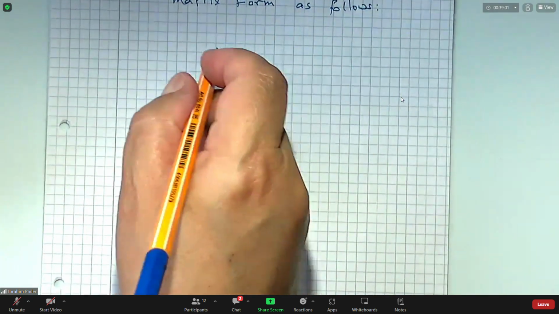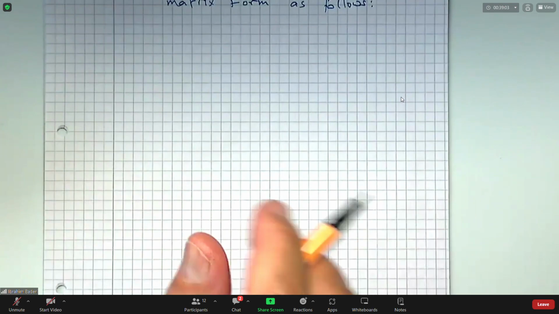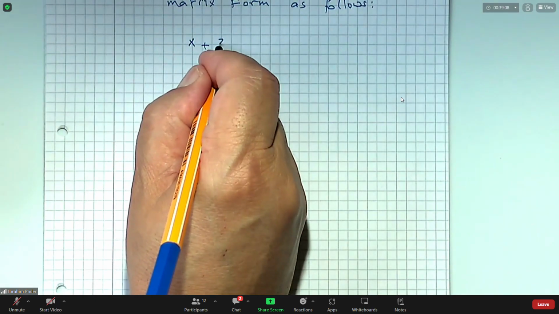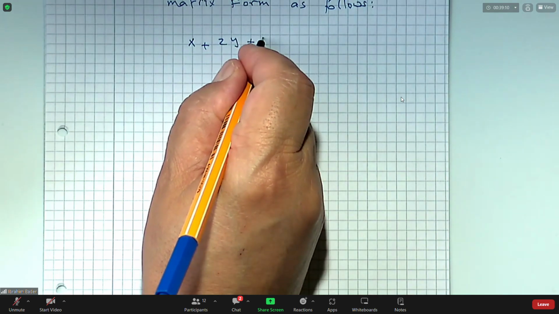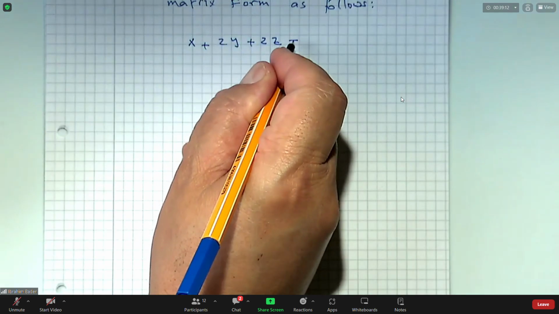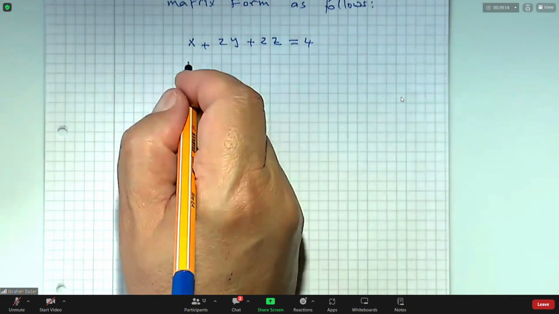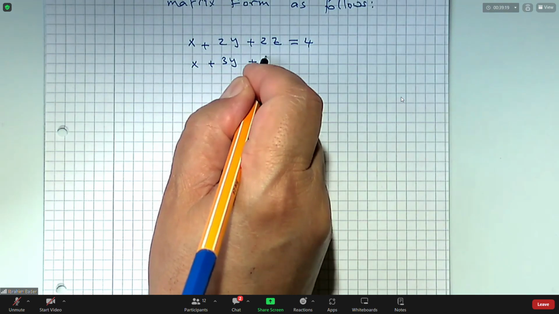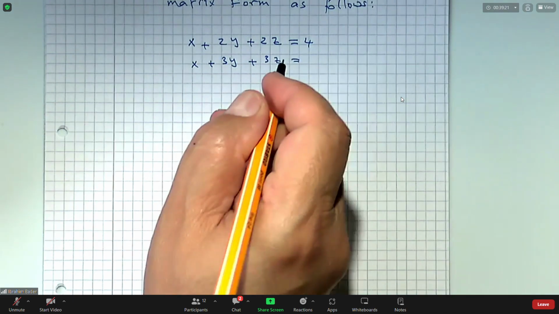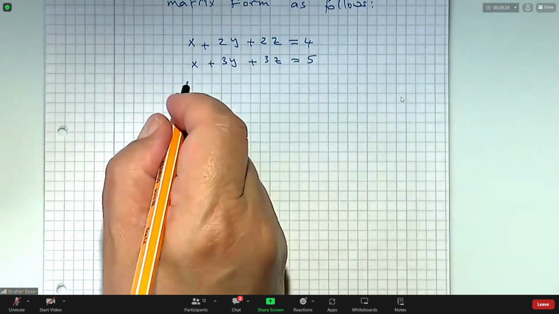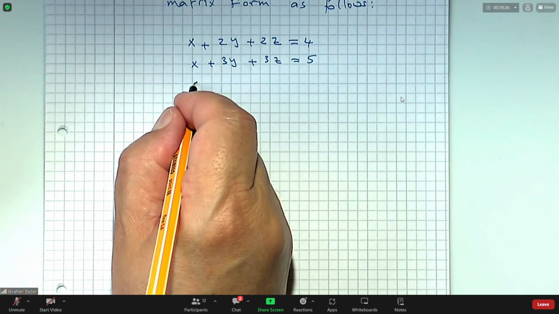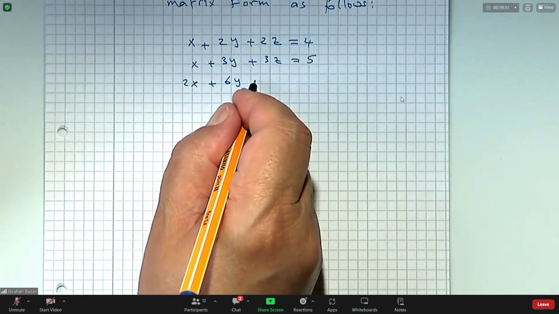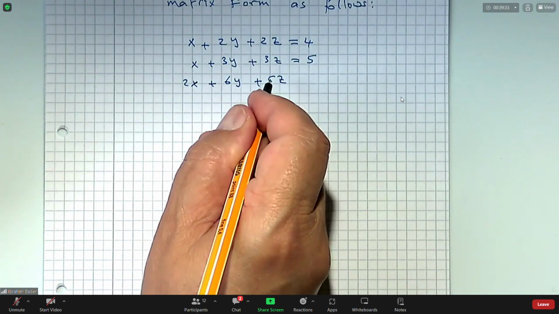So the linear system is given: x plus 2y plus 2z equals 4, x plus 3y plus 3z equals 5, and the last one is 2x plus 6y plus 5z equals 6.